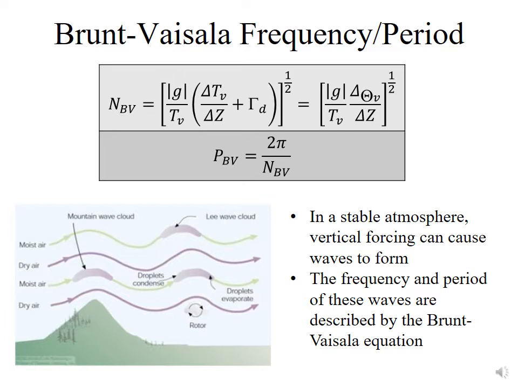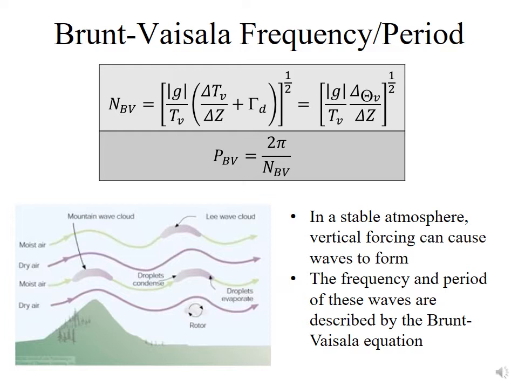It's defined as the square root of gravity divided by the virtual temperature times the gradient of the virtual temperature plus the dry adiabatic lapse rate.